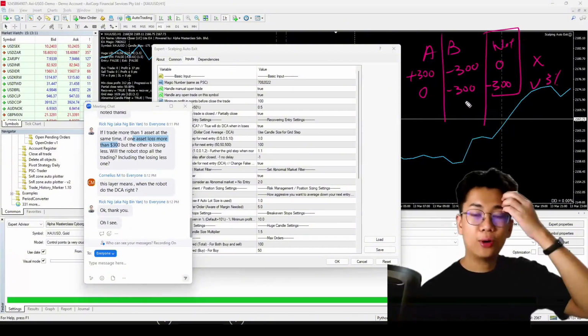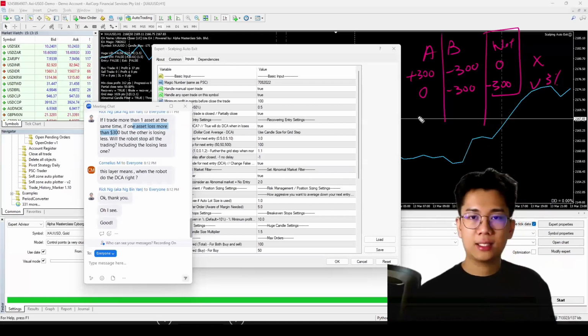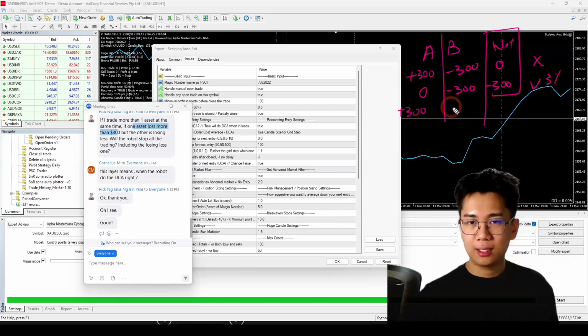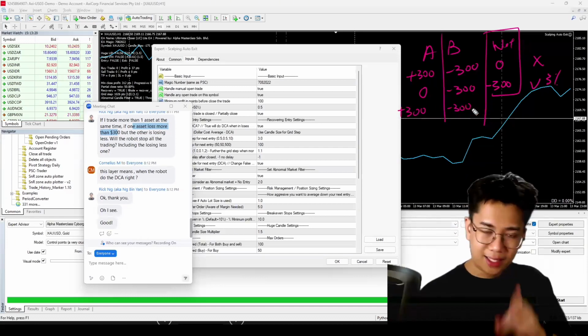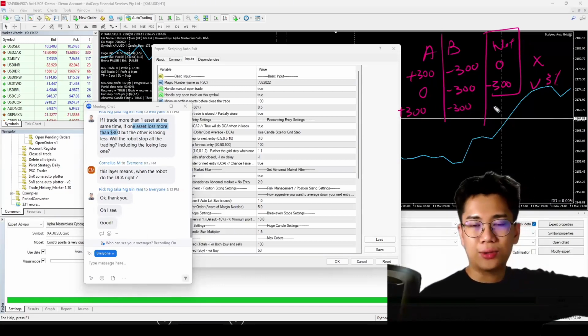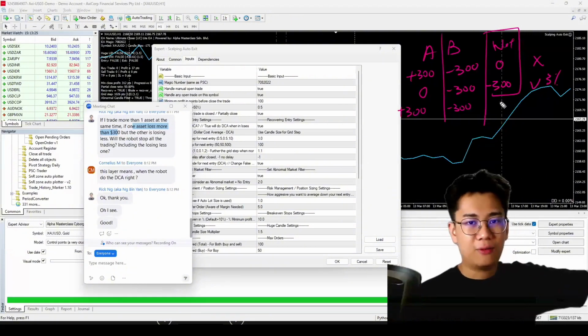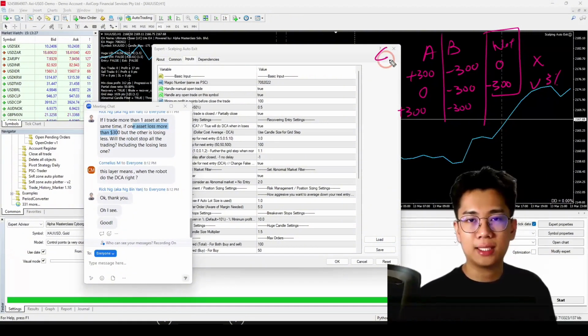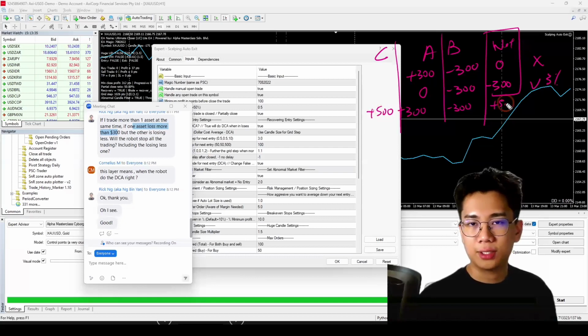And the net value also includes, what if you have a plus 300 here, minus 300 here, but account wise, for some reason you have trade number C, which is already closed with $500 profit. Net is positive 500. Will they close? No. If it goes all the way down to negative 300, negative 300, positive 500, this is already a closed trade.